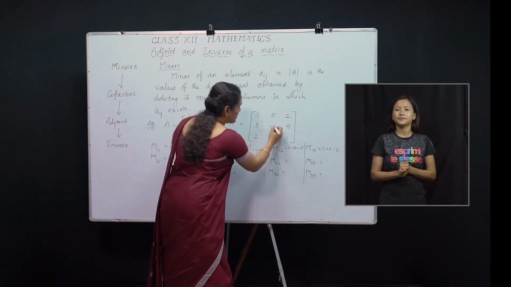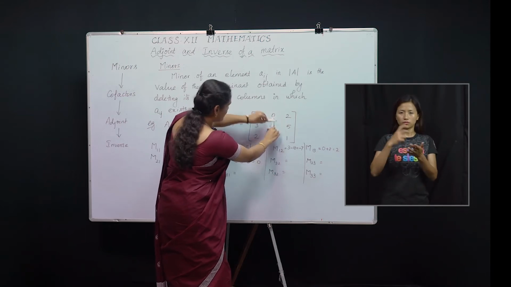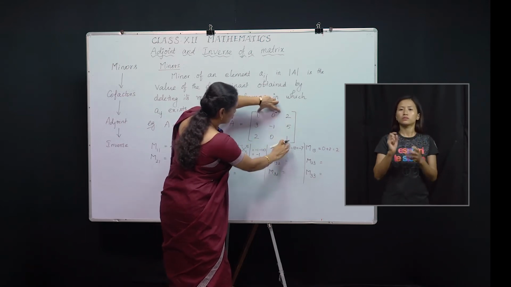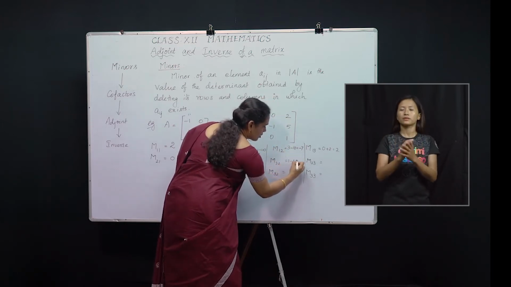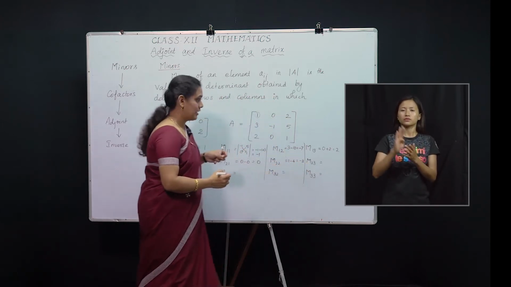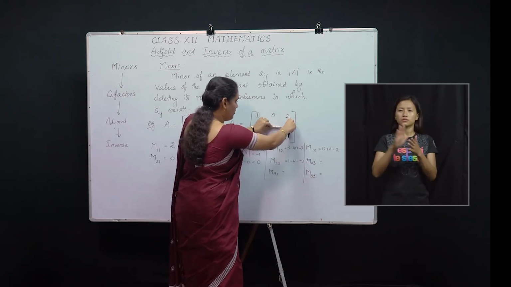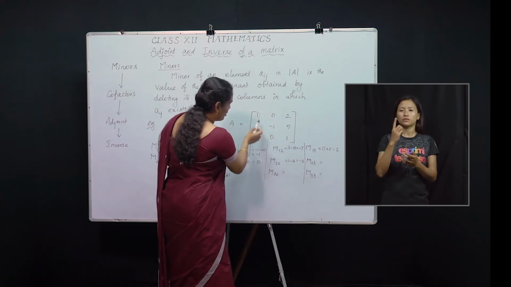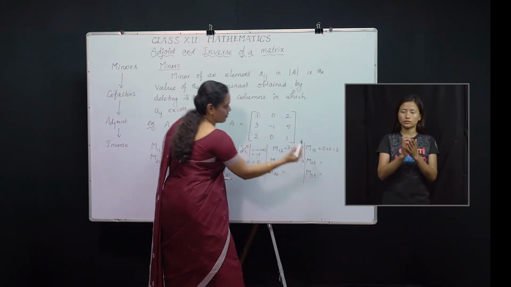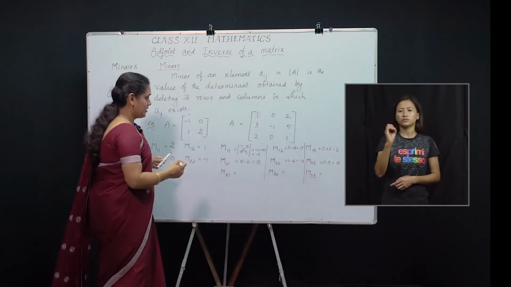Okay. Then for this element we will delete this column and this row where it is present, and then we get 1 2 2 1. So cross multiply, 1 minus 4, that is minus 3, alright. Then for this element we delete this column and this row and we get 1 0 2 0, cross multiply, 0 minus 0, that is 0, right. Okay.